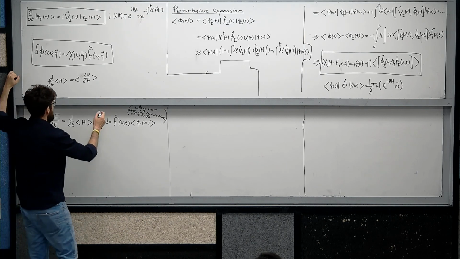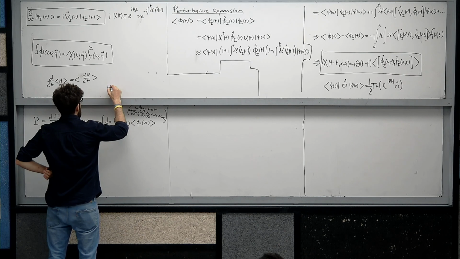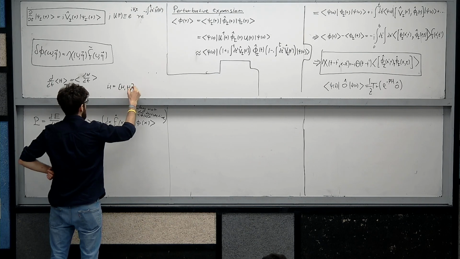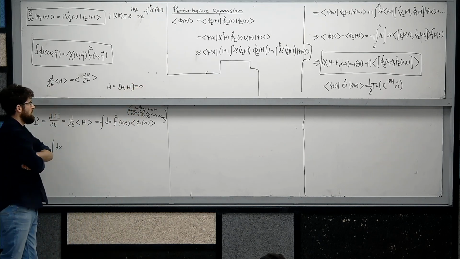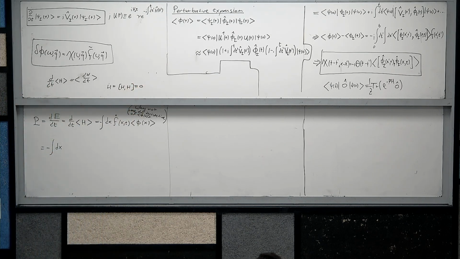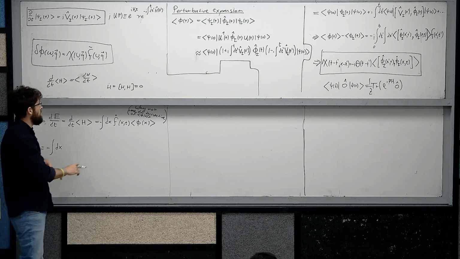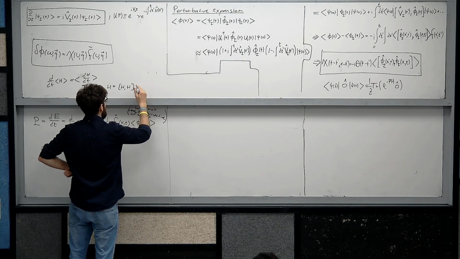So you want to say that H dot goes like H with itself, which is 0, plus the partial derivative of H with respect to time.